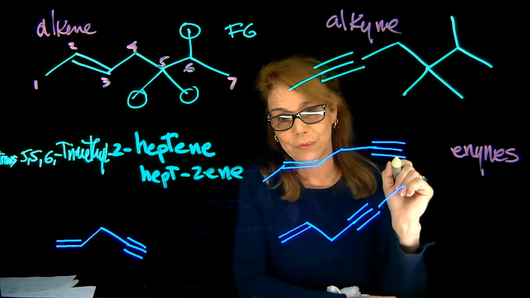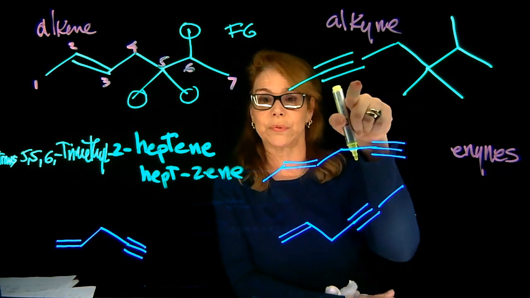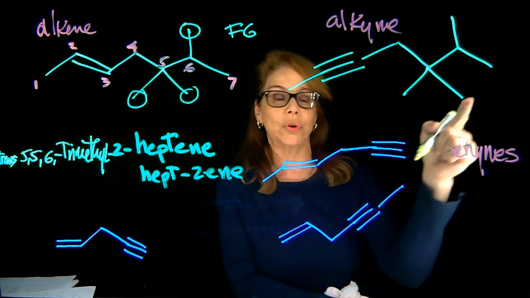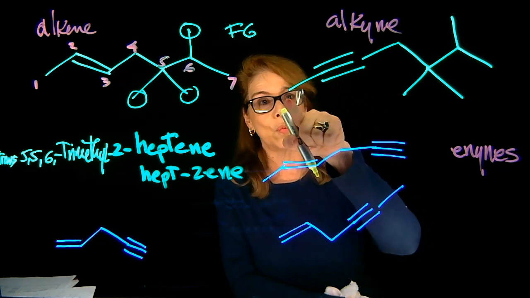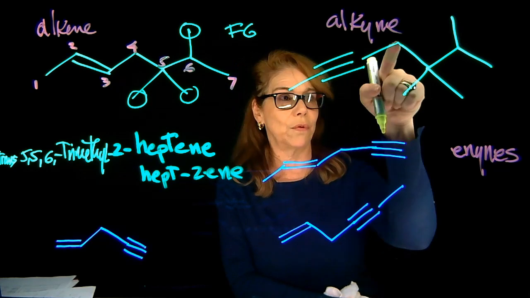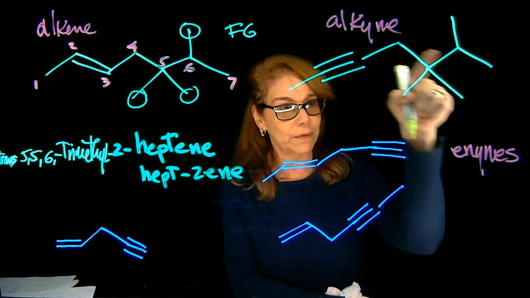Same idea here with alkynes though. And so your priority is your functional group, so the triple bond. So you would not choose to number that way. So your longest chain first, 1, 2, 3, 4, 5, 6, 7, but you renumber in this way.